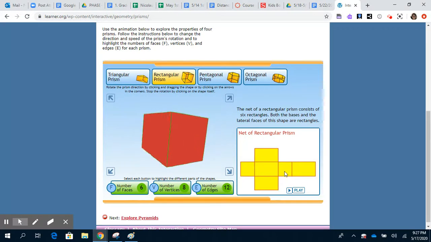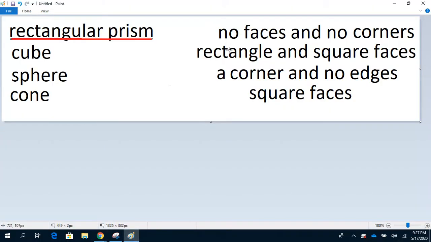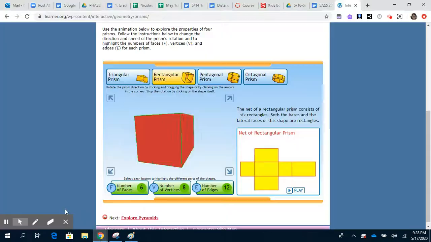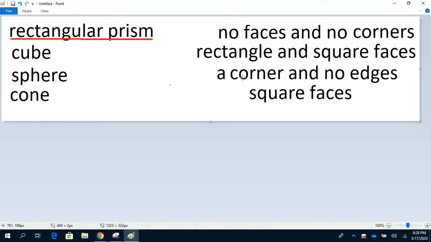Ooh, these are pretty square. So they have rectangle and square. That could be true. Does it have a corner, so only one, and no edges? No, we said there was 8 corners. So that's not true. And is everything square faces? No, it's rectangular. So we know we can match up rectangle to rectangular.